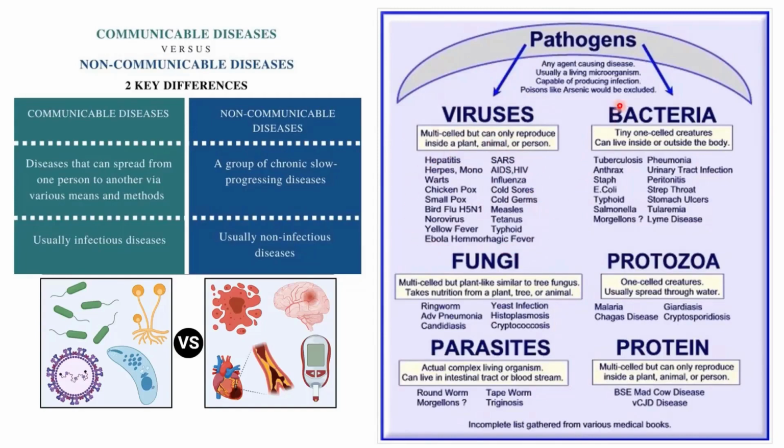Now, then there is another group of pathogens which are called bacteria. These are also single-celled creatures. They are actually living organisms because a bacteria can live inside the body and outside it. It can easily survive. But why does it have to go to a host or another organism? To get its food, to reproduce maybe, or to survive and thrive.